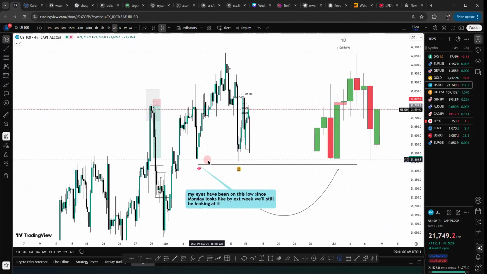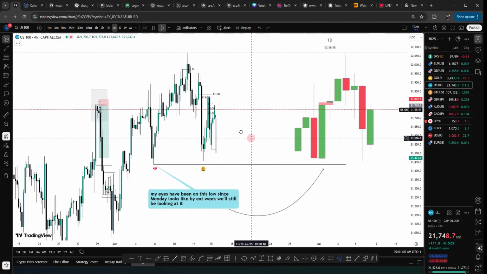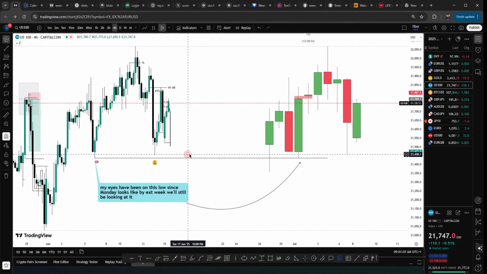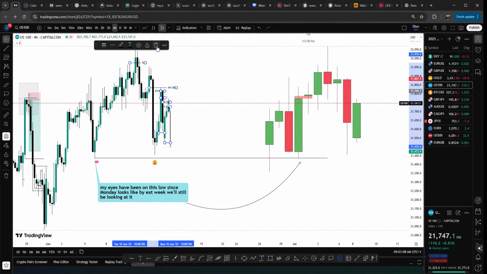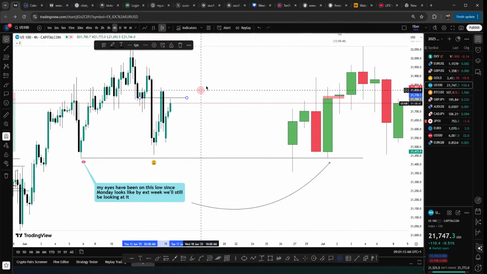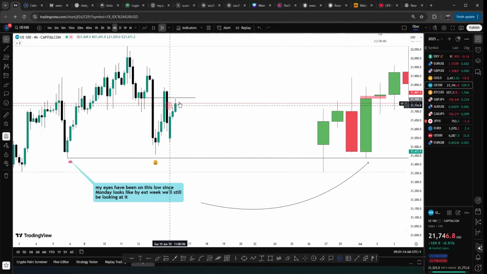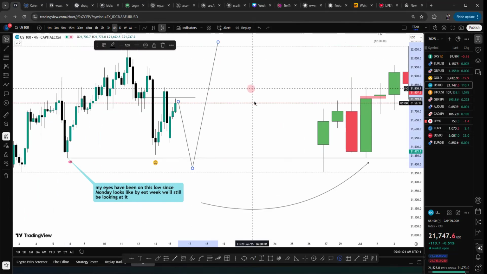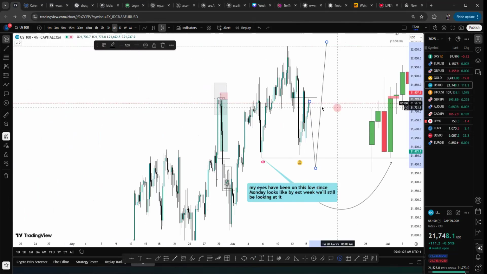I'm still expecting price to trade down to that zone even as of today, so we can still have price pull down. Even up to now, price is still bearish. We had a rejection back to this zone, so I'm still looking for more sales before we have a final buy back to the upside on Nasdaq.